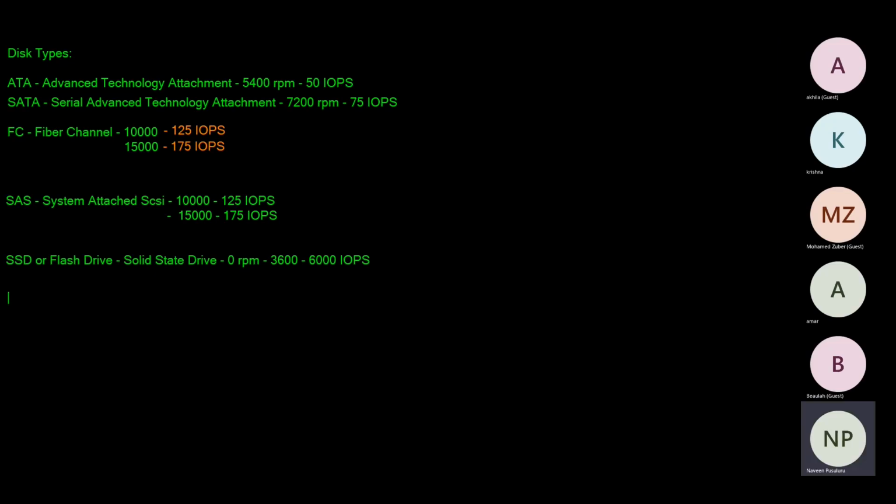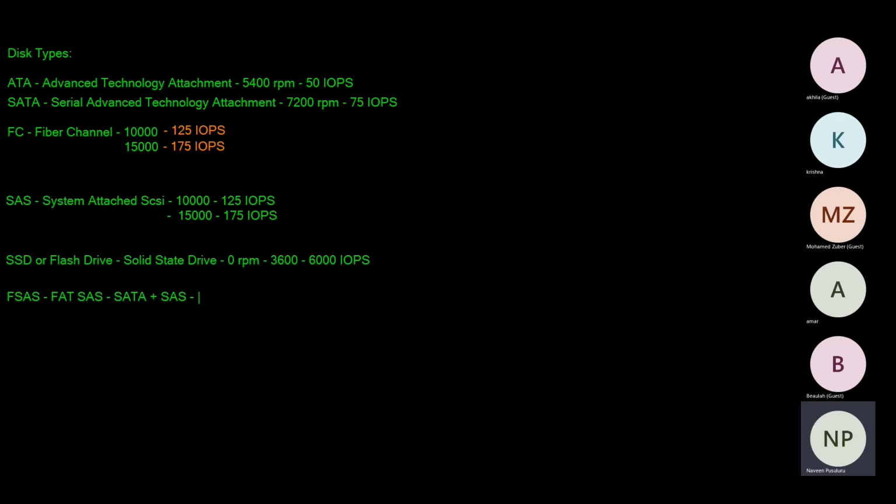Recently, they have introduced another disk called FSAS. The full form is Fat SAS. This is a newer hard drive introduced by NetApp. It is a combination of SATA and SAS; they have combined both technologies and developed this particular hard drive.